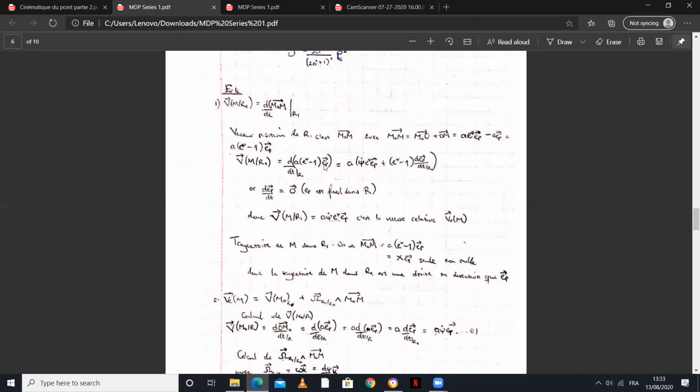Then we're going to derive euro. But you ask yourself, in which base am I deriving euro? Dans quel repère? I'm deriving it in the repère R1. So now you need to ask yourself, is euro moving with respect to R1? Is it moving with respect to itself? Because euro belongs to the base R1, okay?